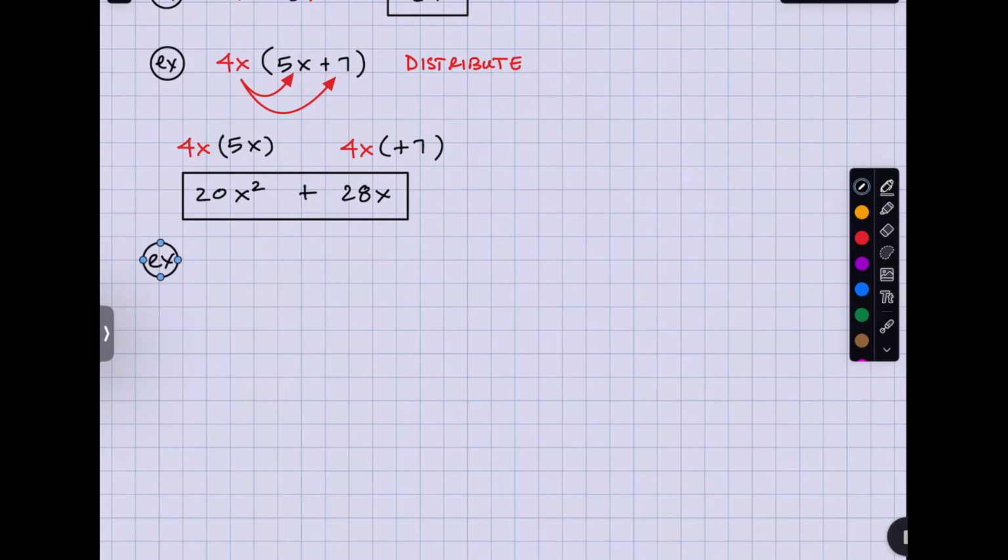So what if I had this? What is that called? A binomial. So what should we call this? A trinomial, because it's 3 terms.